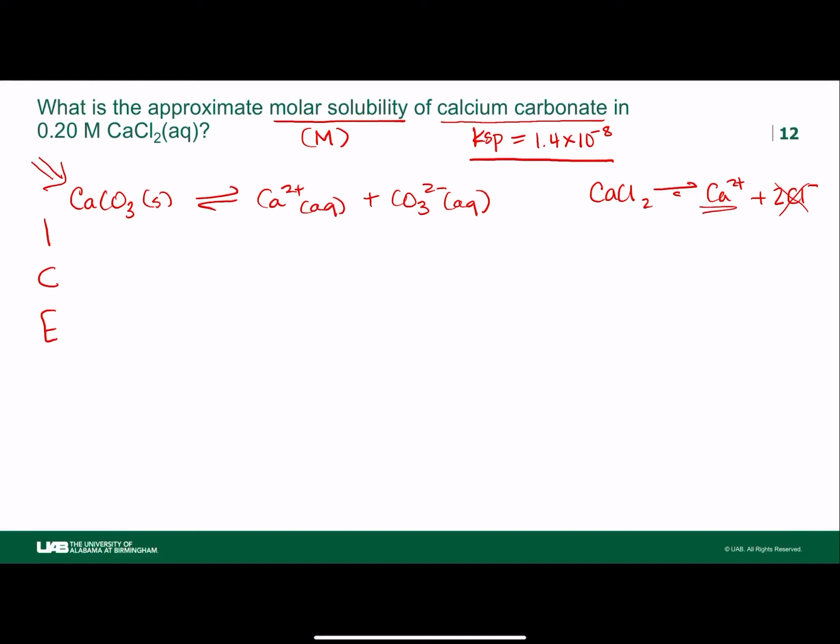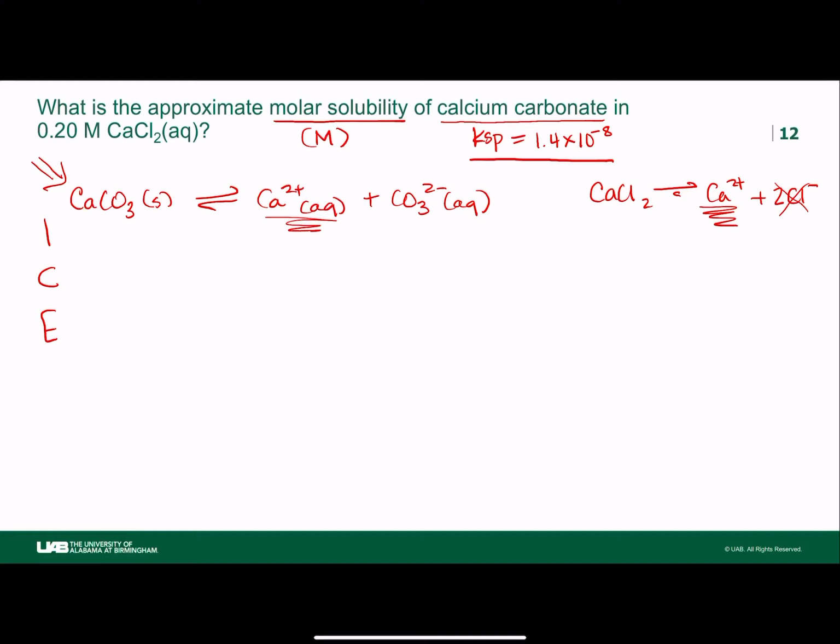But I do have a calcium here that is also here. So at equilibrium, I'm going to make some calcium ion from the calcium carbonate, but I'm also going to have additional calcium ion floating around from that calcium chloride. And I'm going to have to take both of those into account when I figure out the molar solubility.